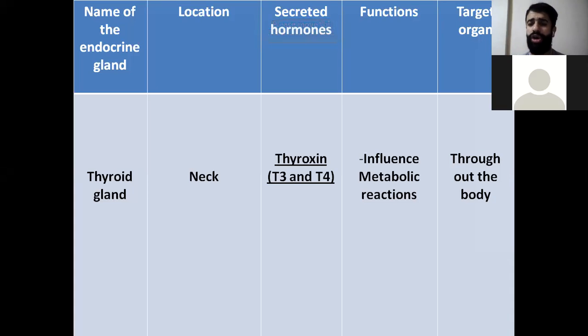The thyroid gland secretes the hormone thyroxine, with its different versions T3 and T4. It influences metabolic reactions. What is the meaning of this? Metabolism is the ability to burn out the fats, to get rid of the fats. Some people have high metabolism. They eat double the amount of another person.